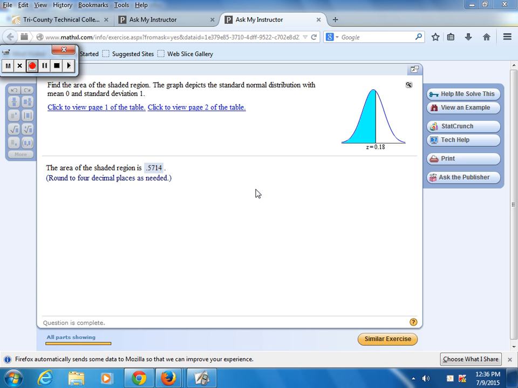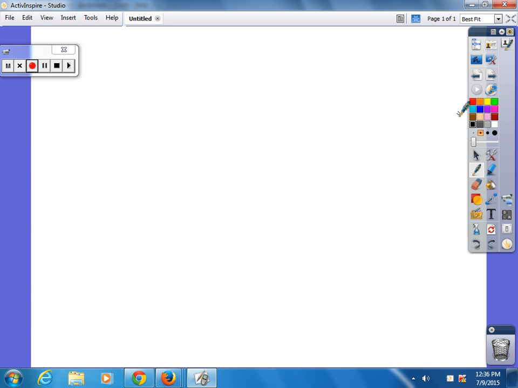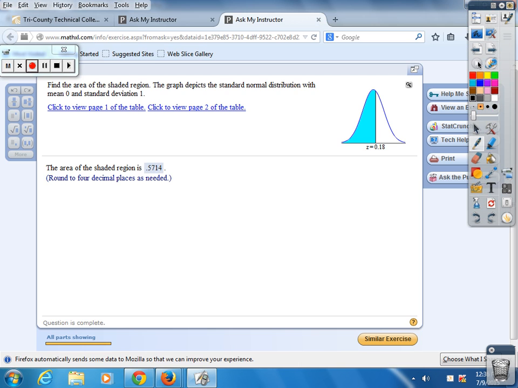All right, so first thing you want to do is draw a picture. And they've already got a picture there for you, but I'm going to draw another picture, just to make it a little bit bigger.